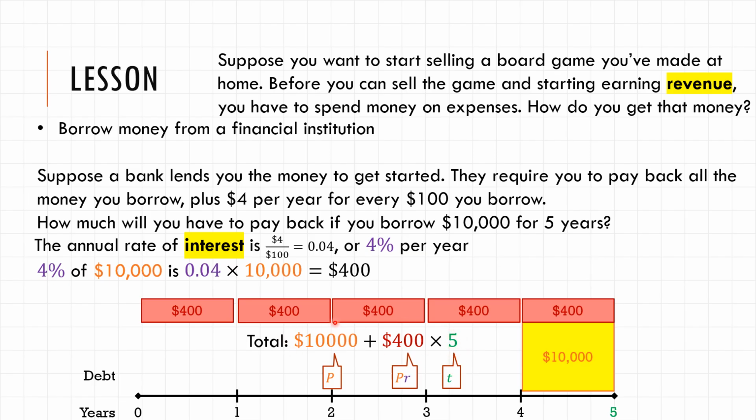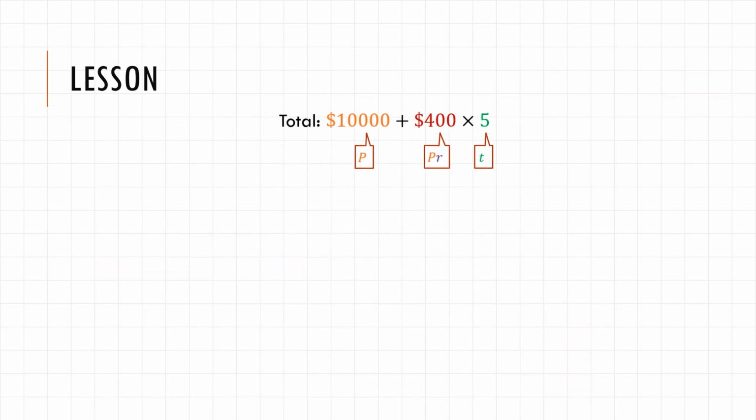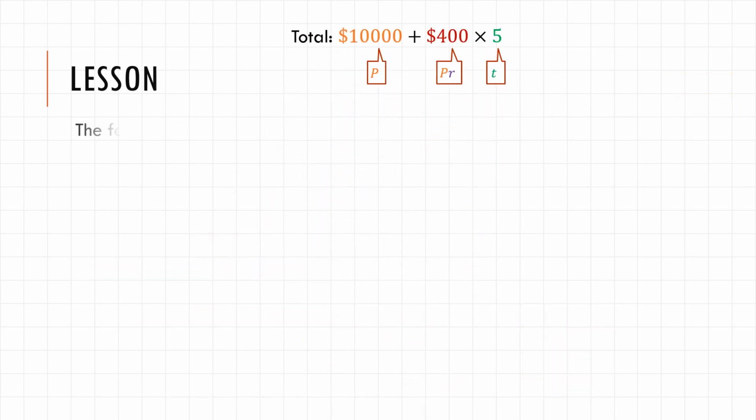This is the formula for something called simple interest: P plus P times R times T. That is how you calculate how much money you need to pay back at the end of the term when you're borrowing money at a certain rate. So that is the formula for simple interest.